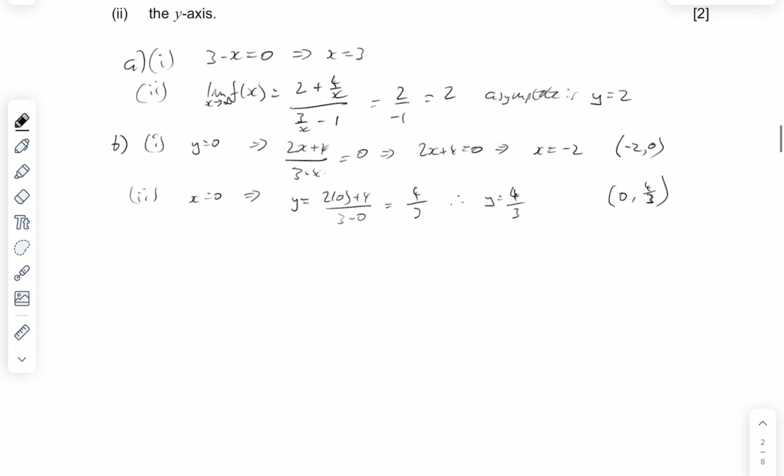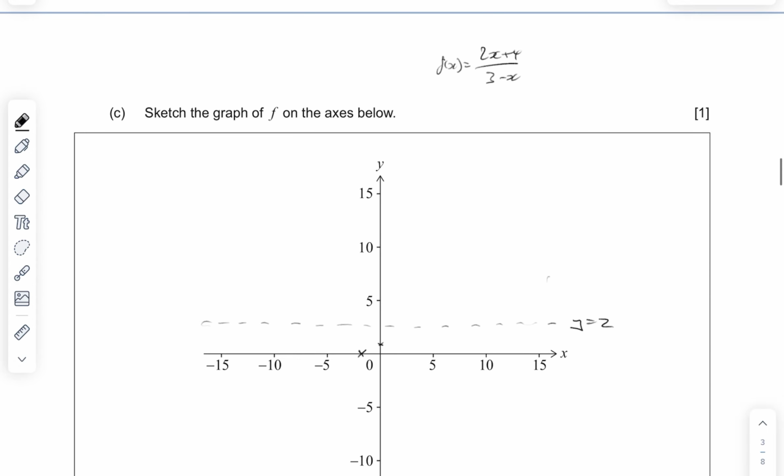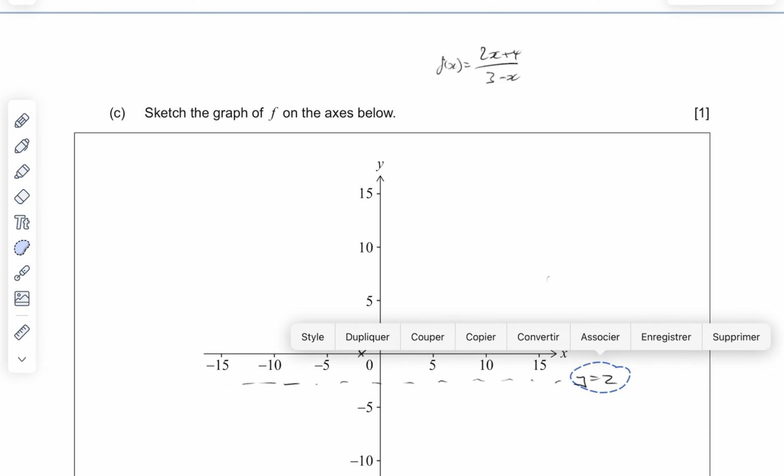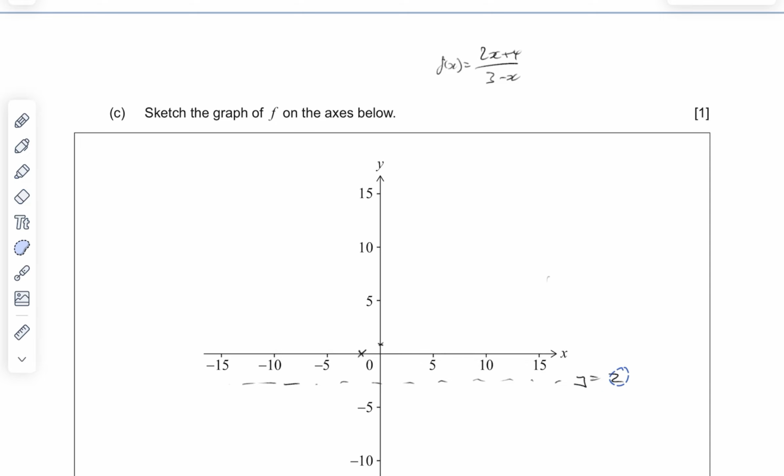Oh, sorry, that should be negative 2. Erase this. Put in y equals negative 2, and x equals 3.